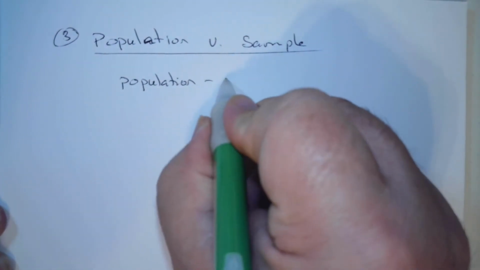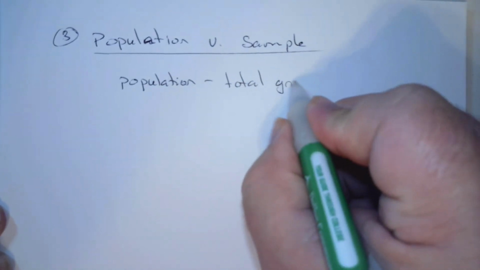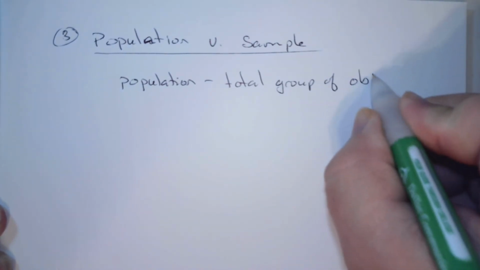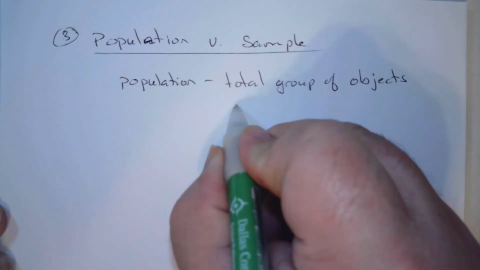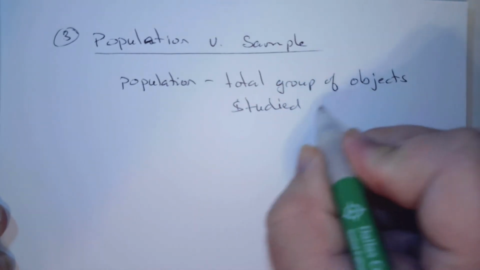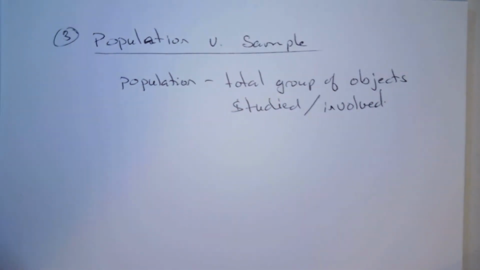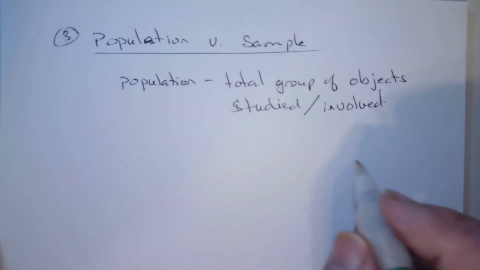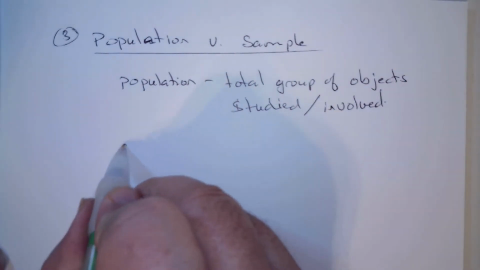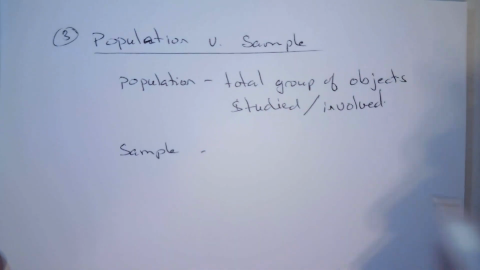Population is just that. It's the total group of objects studied or involved. It's every one of them. If you miss one or a couple more, then you have what's called a sample.